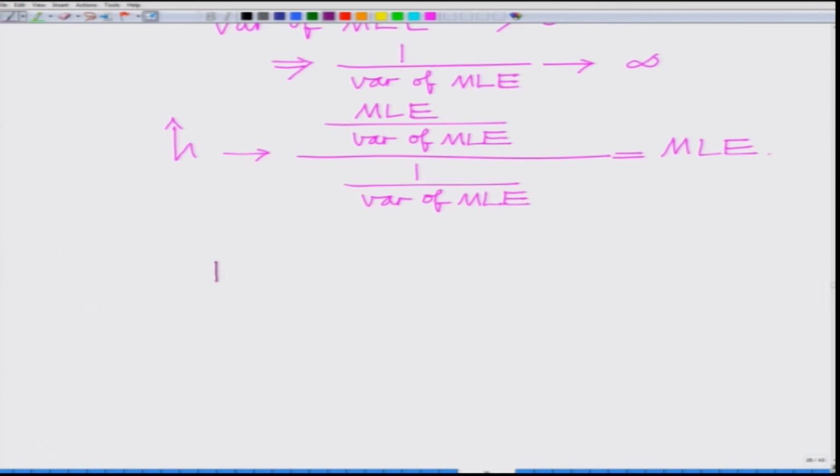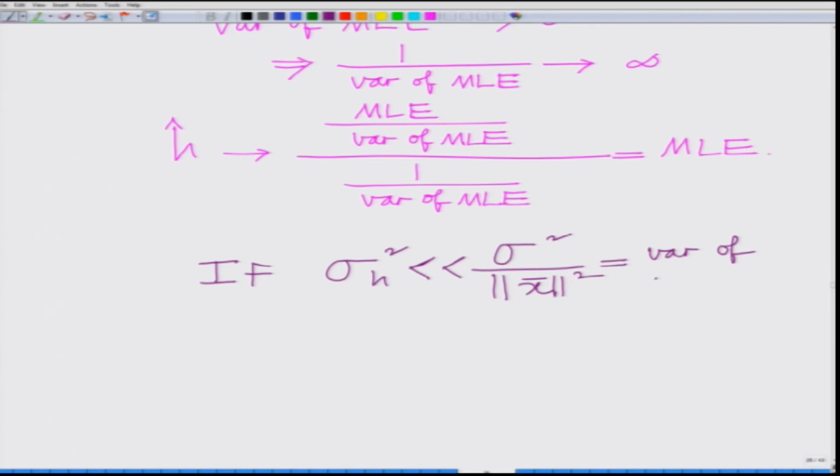Okay. On the other hand, if sigma h square, the variance of the prior, is much smaller than the variance sigma square divided by norm x bar square, then what happens? In this case sigma square divided by norm x bar square is the variance of the maximum likelihood estimate.